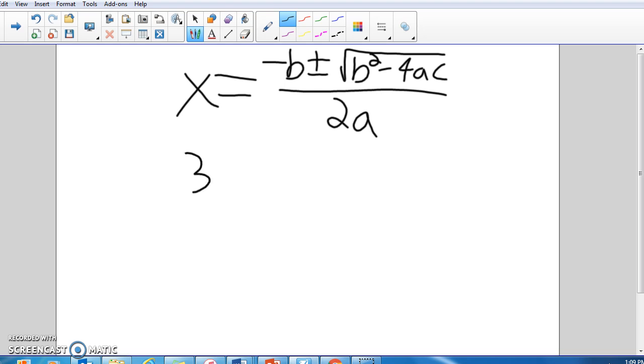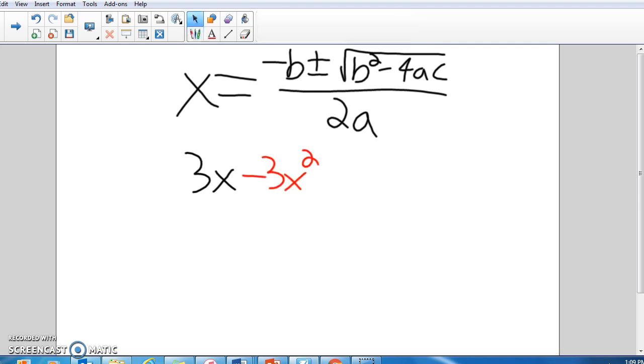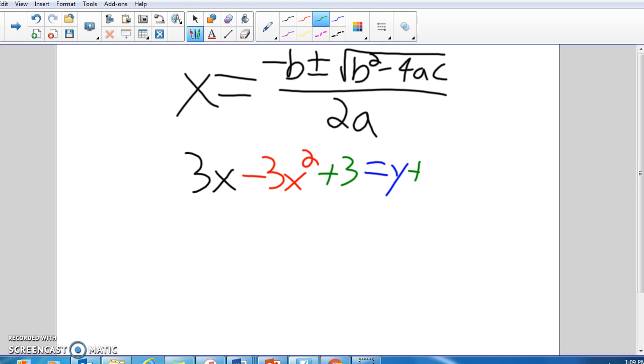So they give us 3x minus 3x squared plus 3 equals y plus 1 minus 2x and plus 4.